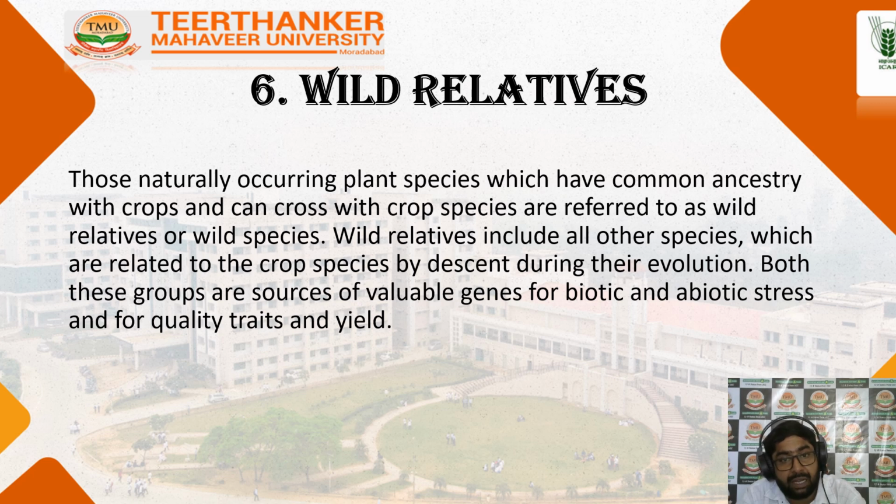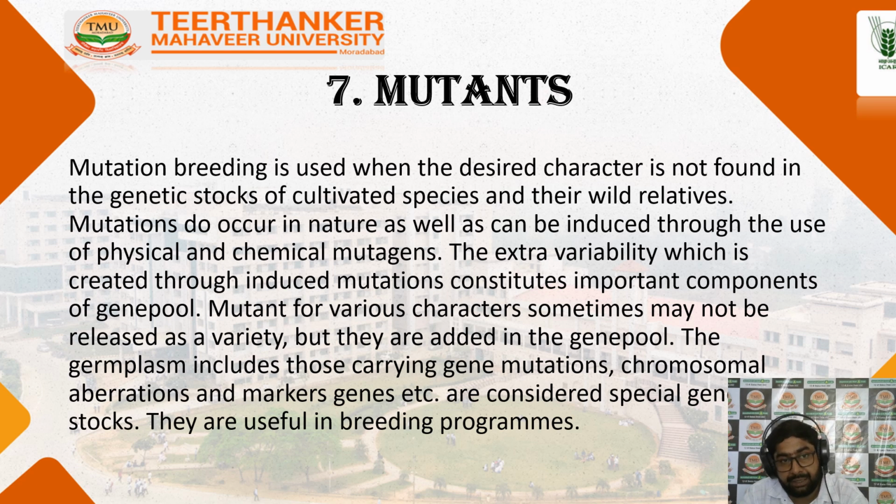Both these groups are a source of valuable genes for biotic stress resistance, quality traits and yield. Mutants. Mutation breeding is used when the desired characters are not found in the genetic stock of cultivated species and their wild relatives. Mutations do occur in nature as well as can be induced through the use of physical and chemical interference.